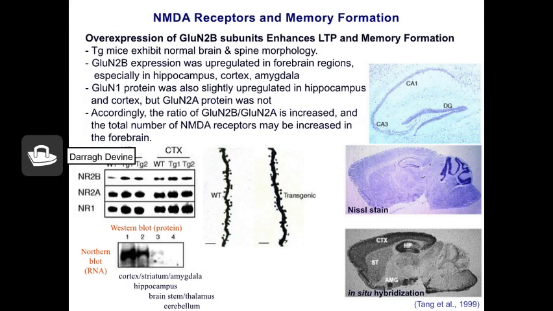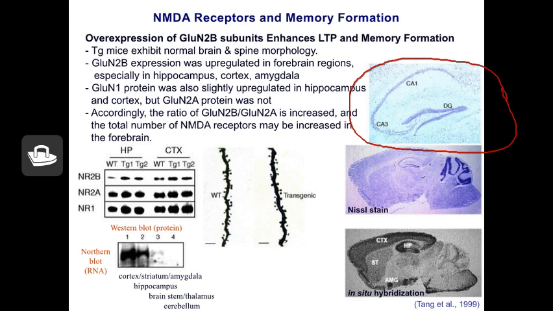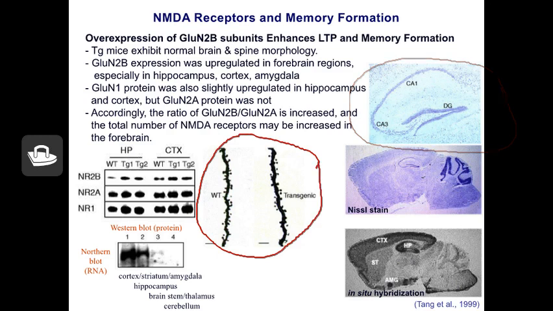They also looked at gross and fine markers of the development of the brain. They found that they had normal brain structures, including the morphology of the hippocampus shown over here in the upper right, and they had normal cells, including normal dendritic spine profiles in comparison with those of wild-type mice, shown in the center of the slide.